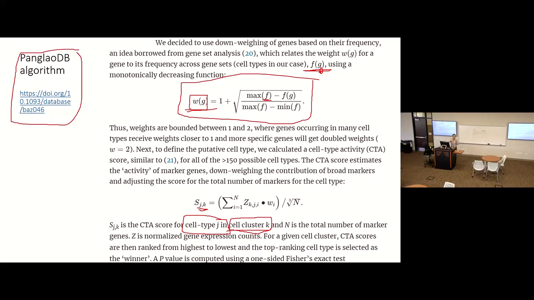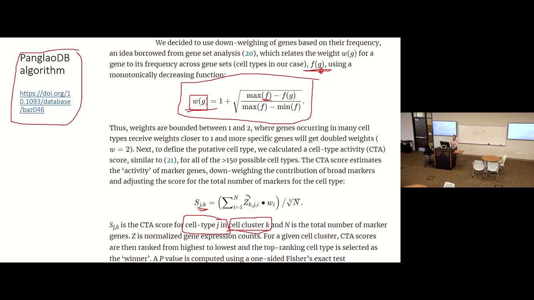in my database. So how can I compute this score for a cluster of cells for one cell type? I use the average of marker gene expression in the cluster.